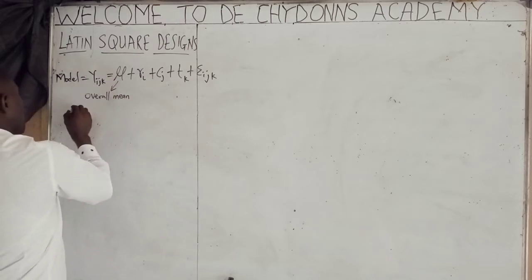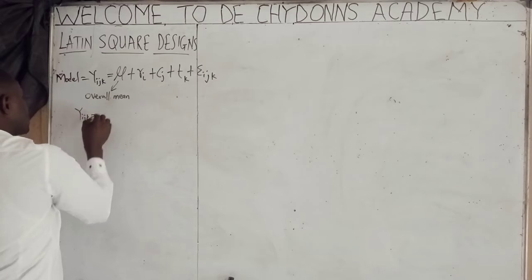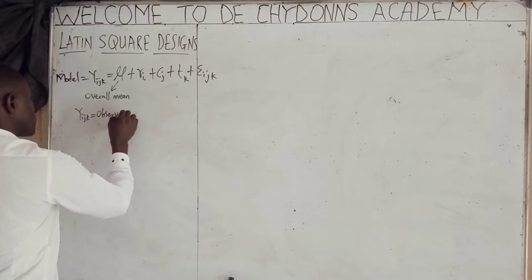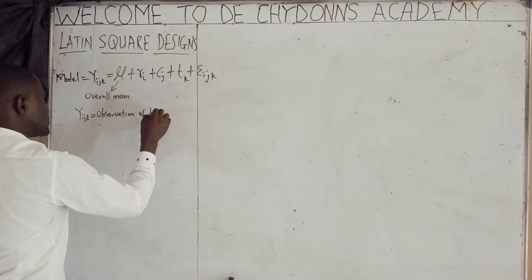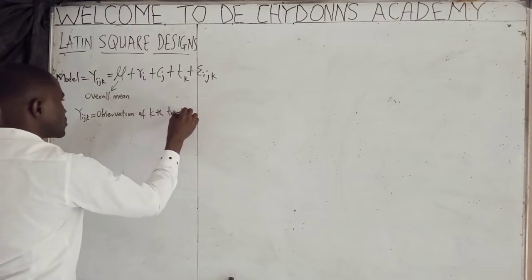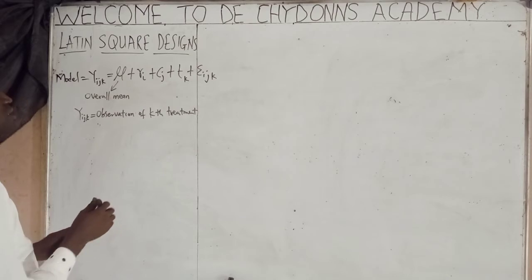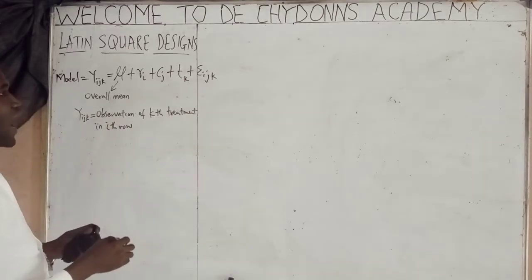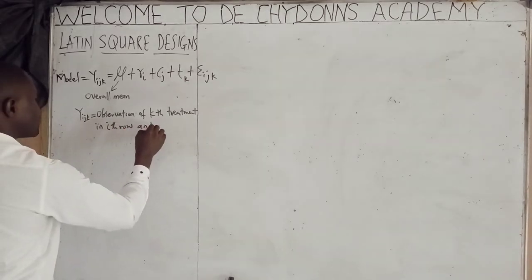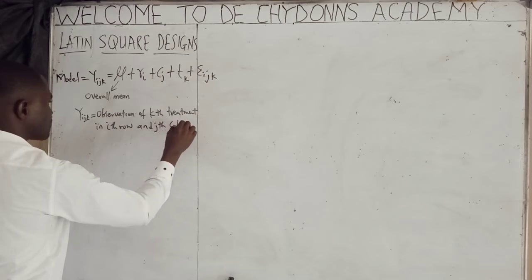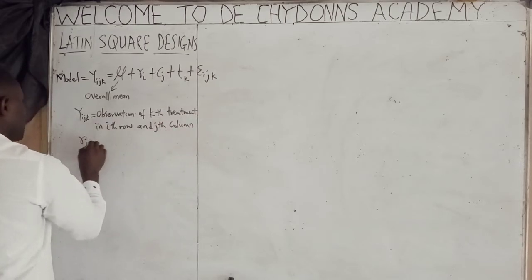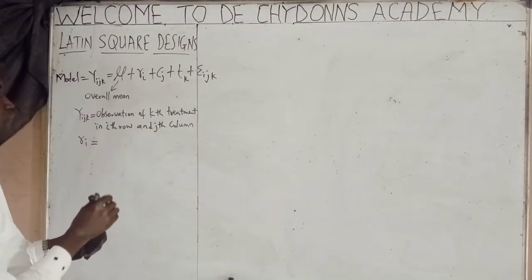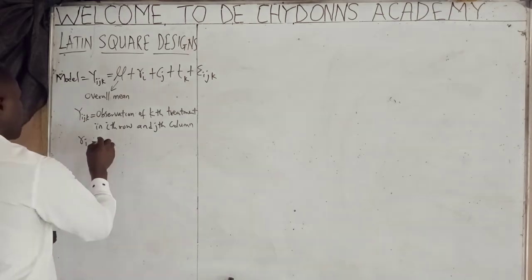Then Yijk simply means observation of kth treatment in ith row and jth column. Then Ri simply means effect of ith row.